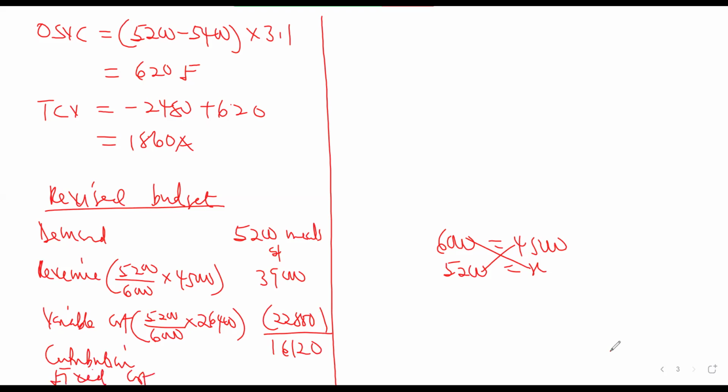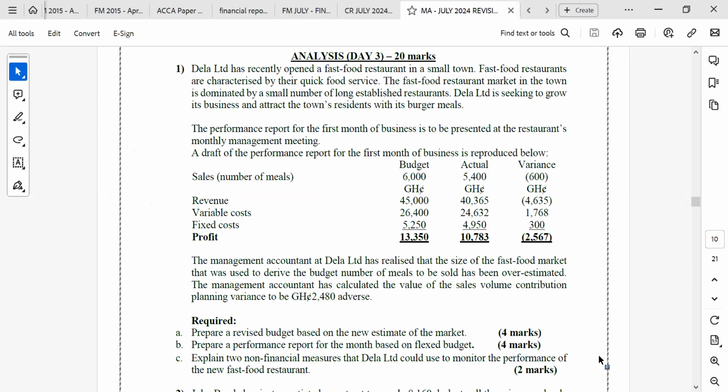What will be the fixed cost? I'm waiting for someone to mention it so that we can give the person the boss of the day. What will be the fixed cost for the 5,200? 5,250.